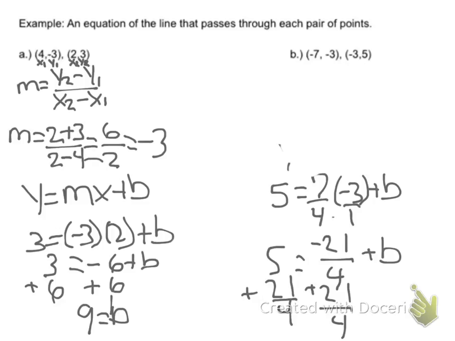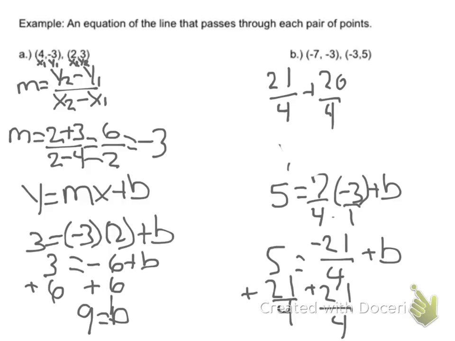Okay, so now I have to do 21 over 4 plus 20 over 4. Because the bottom number couldn't be 1, you had to multiply 4 to both sides.